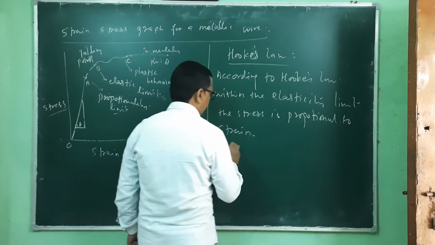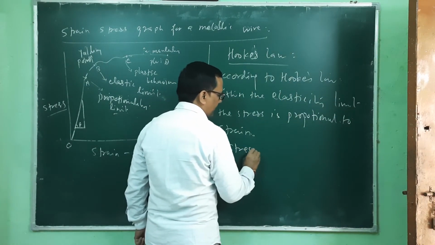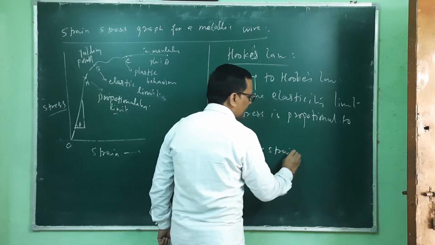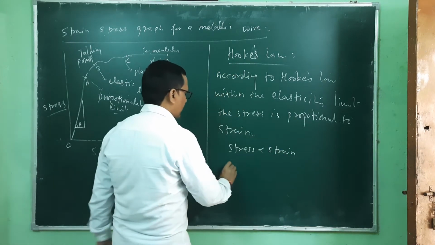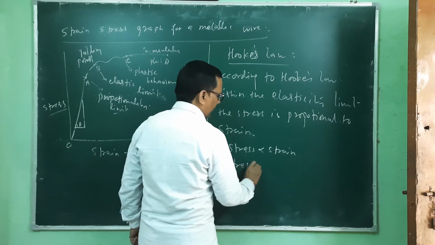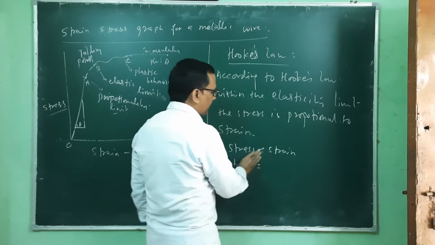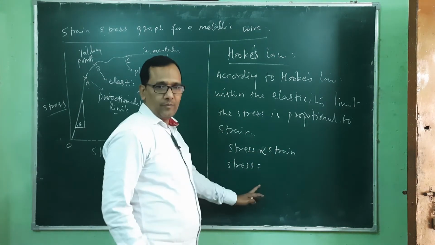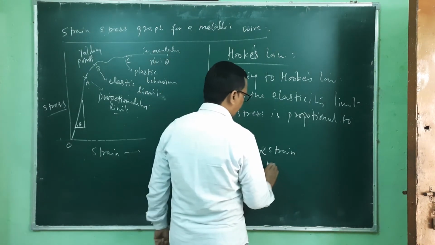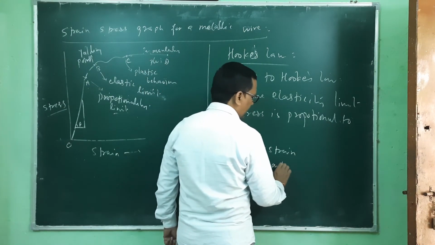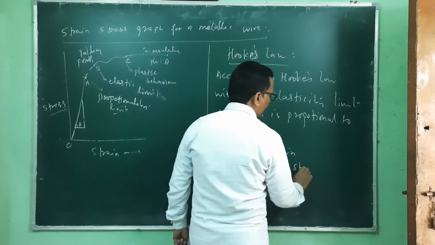So one can write stress is proportional to strain. To remove this proportionality sign, we use a constant K multiplied by strain.